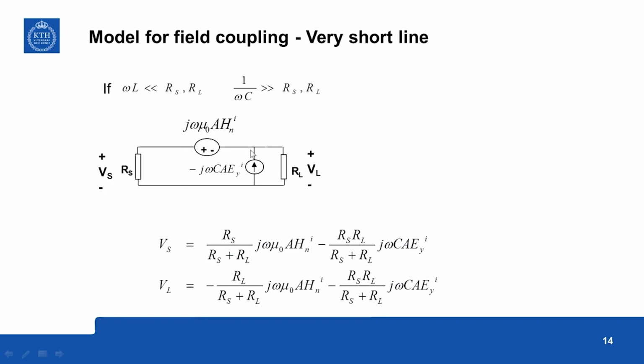Now from the other source, where the current is divided across, the current through this branch is RL divided by Rs plus RL. Then the source minus j omega Ca Ey multiplied by Rs gives this voltage. Similarly, on this side, this will be negative and this will remain the same.